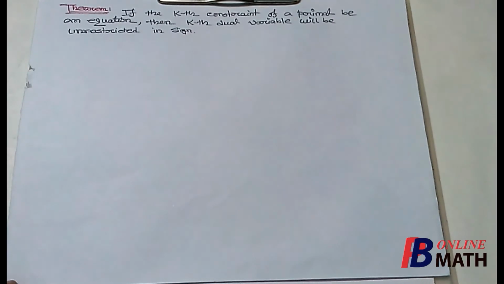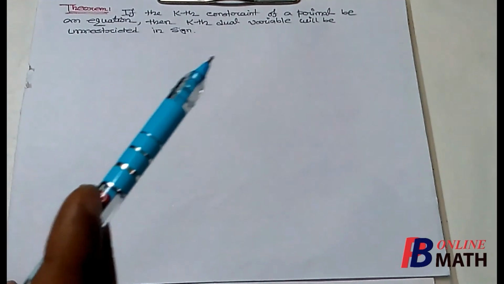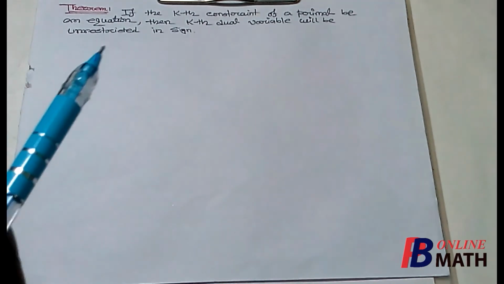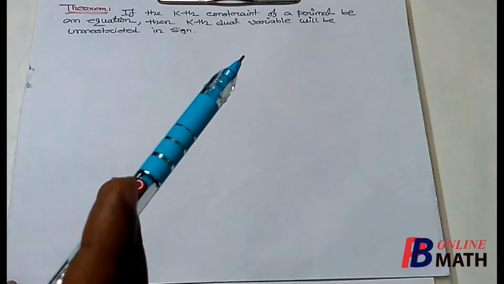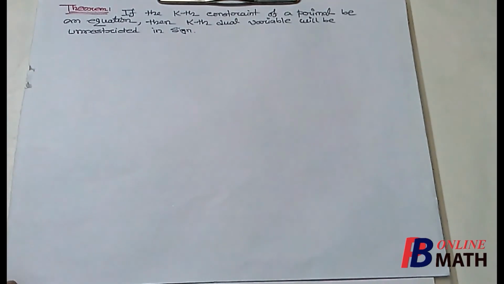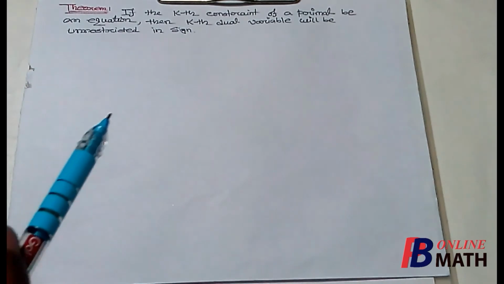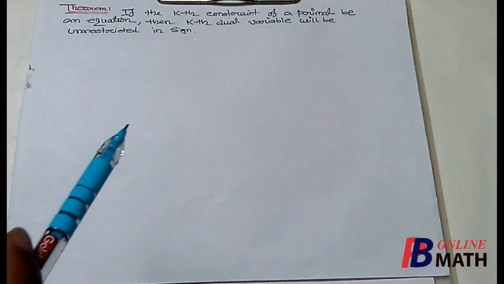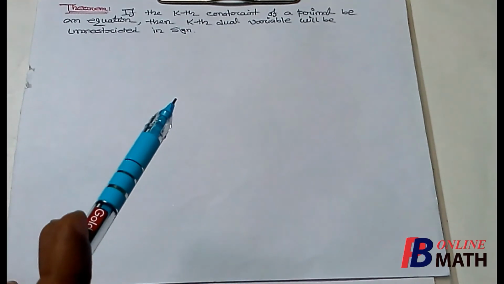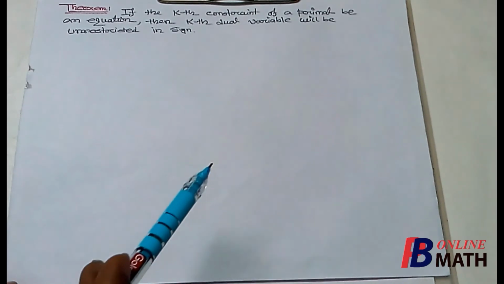We consider one more theorem without any proof. It states that if the kth constraint of a primal problem is an equation, then the kth dual variable will be unrestricted in sign. That means in a primal problem, if we find that one constraint is an equation, then the corresponding dual variable will be unrestricted in sign.